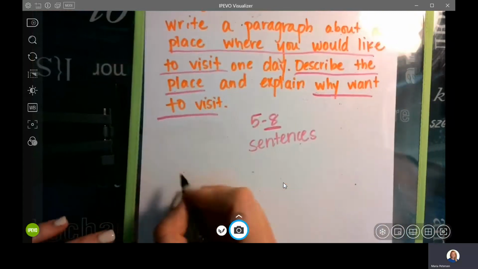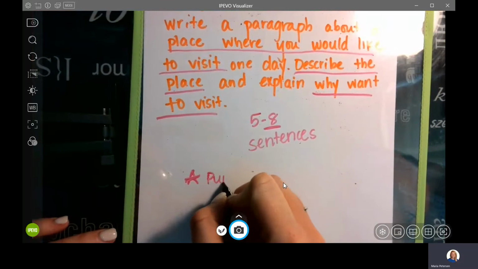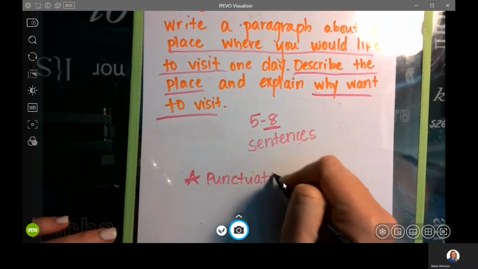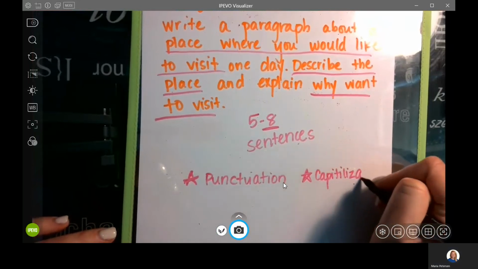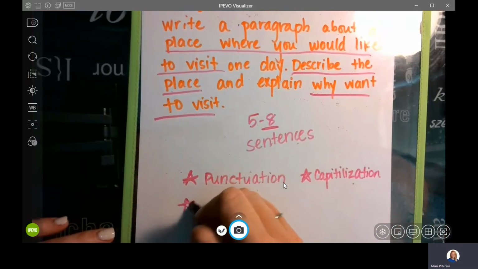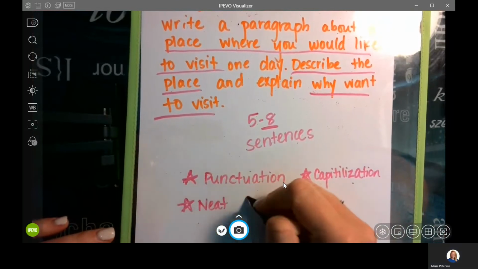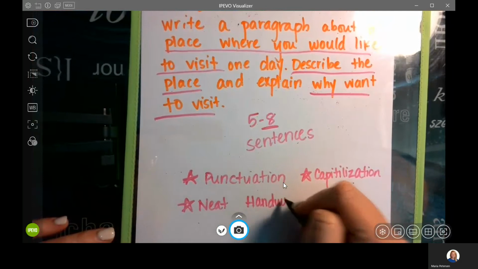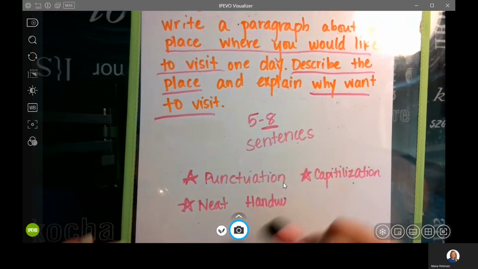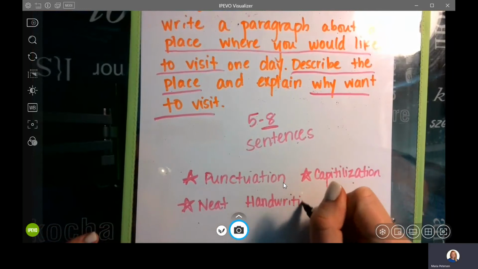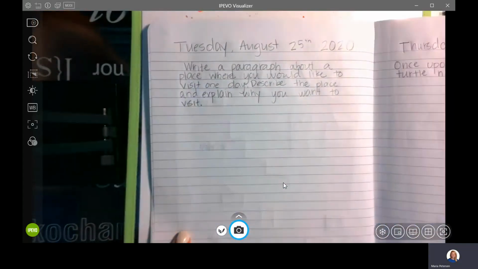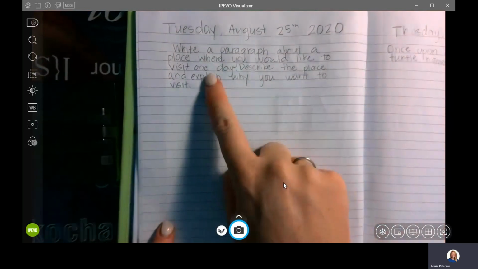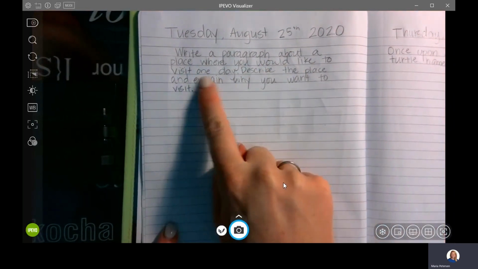Okay, now remember, a paragraph is 5 to 8 sentences. Now, this paragraph for sure could be 8 sentences because you have to explain why you want to visit, you have to describe the place, and you have to say where it is. Okay? Remember punctuation, capitalization, but also neat handwriting. So that when you're done, your composition notebook will look like this. Okay? Write a paragraph about a place where you would like to visit one day.